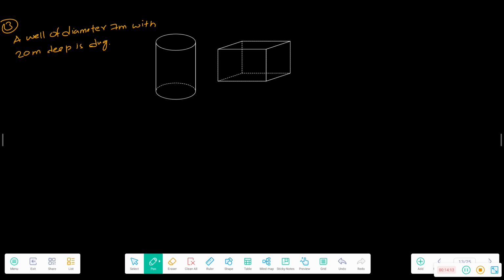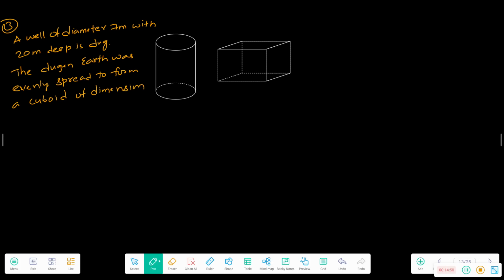And that dug earth was evenly spread to form a cuboid of dimension 22 meter by 14 meter.